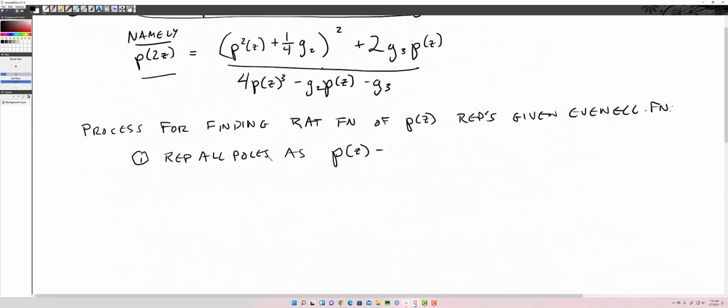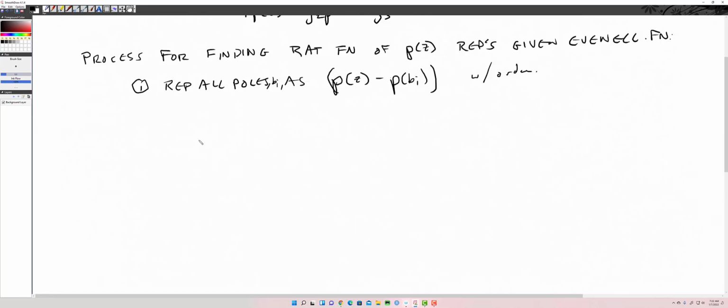Let's say the pole is b_i, as these sorts of terms with order. And so that's kind of what we're doing. The next thing you're going to do is make everything fit algebraically, so that your final function looks like what you need it to look like. I'll get a little closer to that as we go on here, okay?